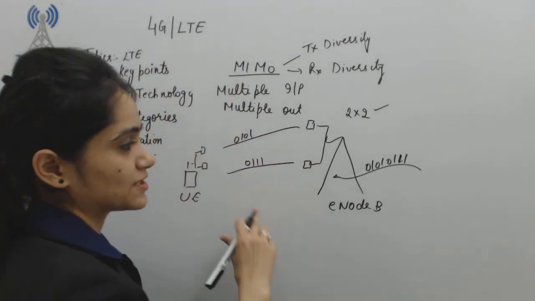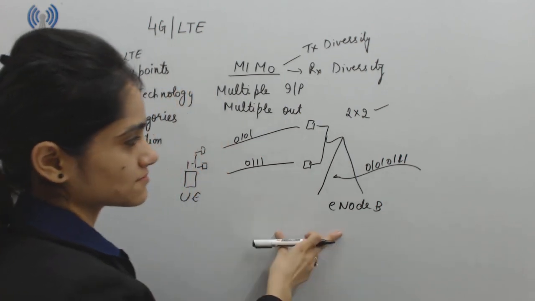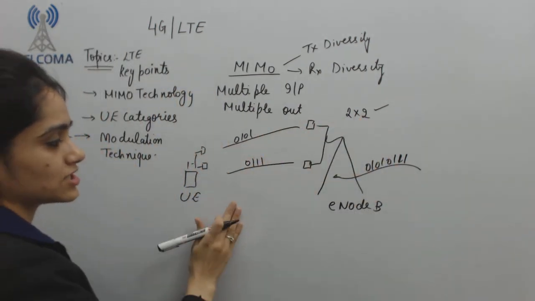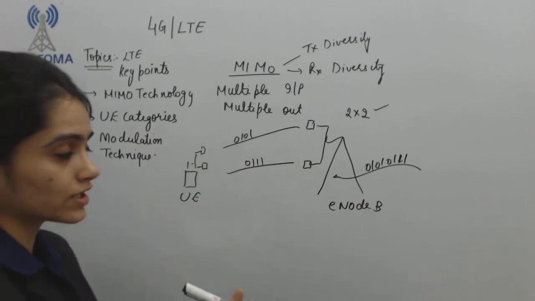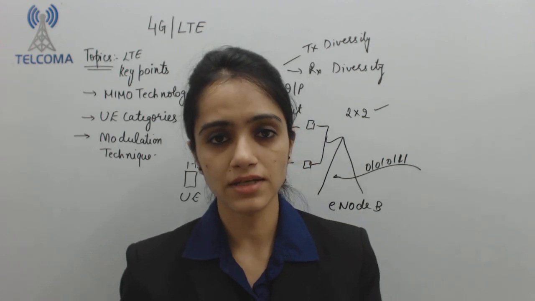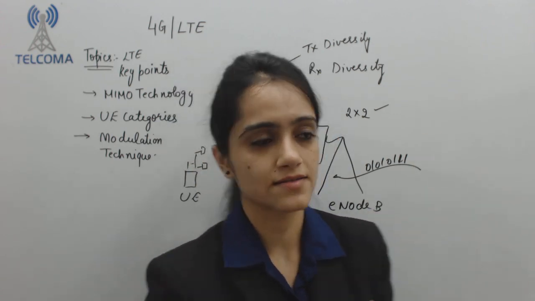So this is spatial diversity, which we will discuss in the next class. So this is MIMO technology and the 2x2 configuration. And when this information is received, as there are more receivers at the user end, because previously we had only one receiver and now we have 2 receivers, the reception level will also increase.